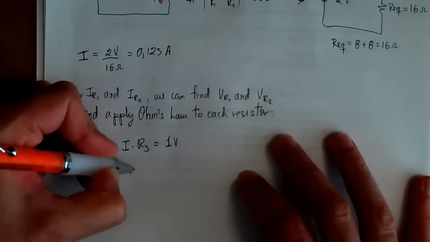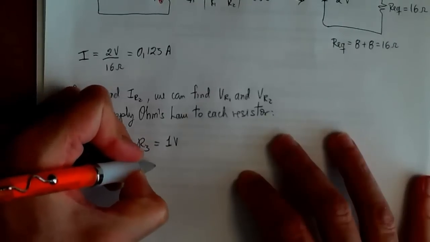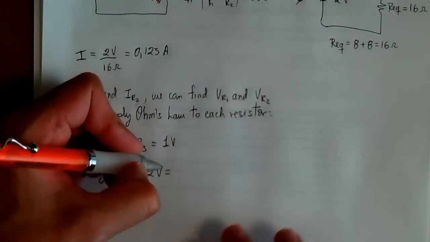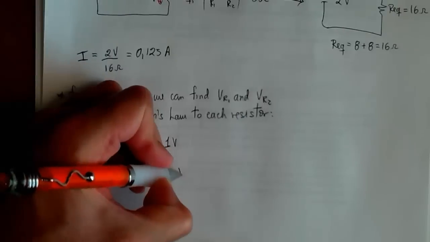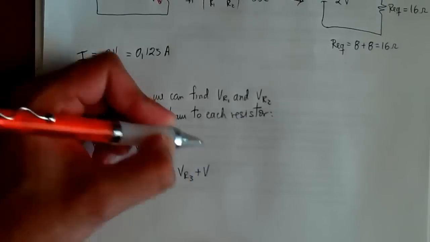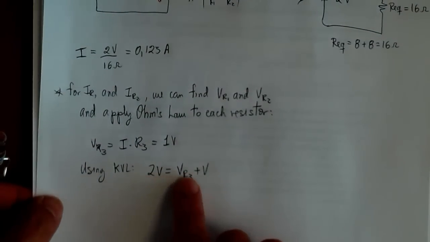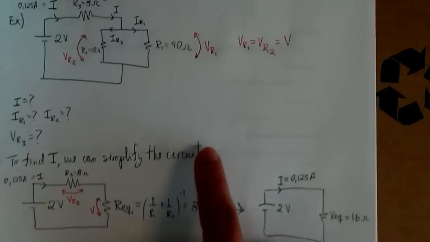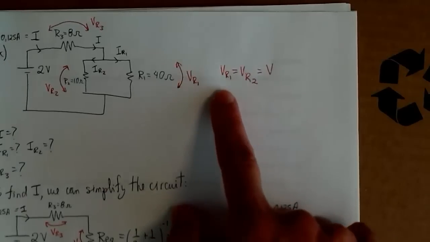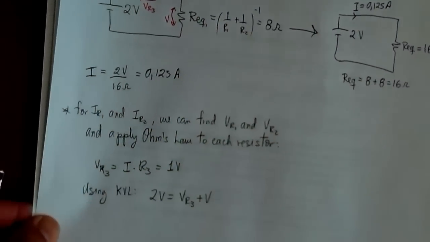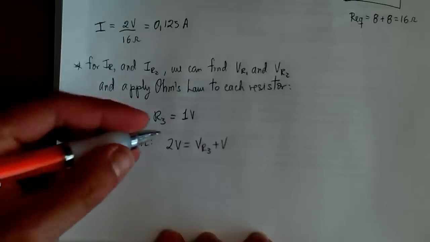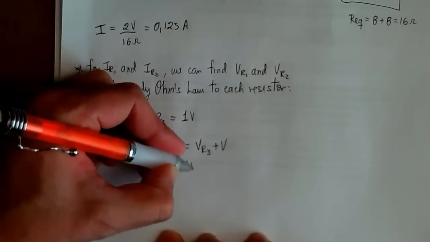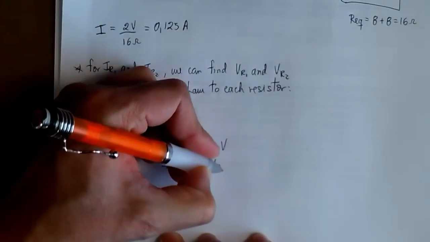Using Kirchhoff's voltage law, since the source is providing 2 volts and we already have 1 volt being dropped across R3, we have to have 1 volt across R equivalent 1, which means V is equal to 1 volt. That is exactly the same as VR1 and VR2.